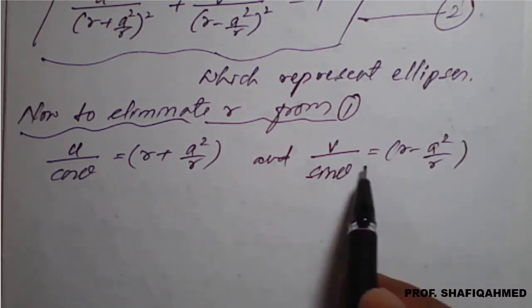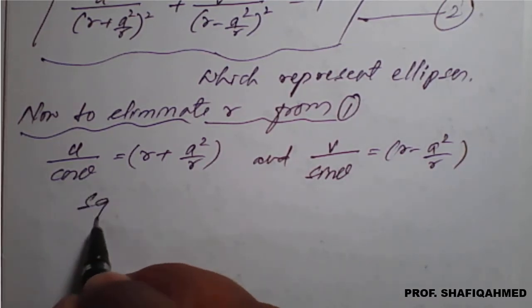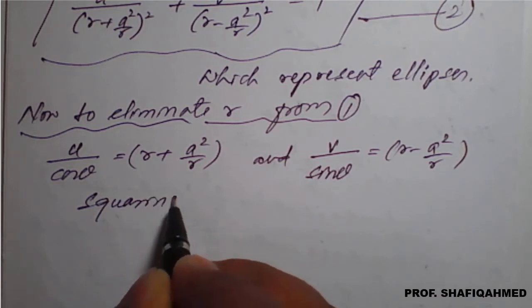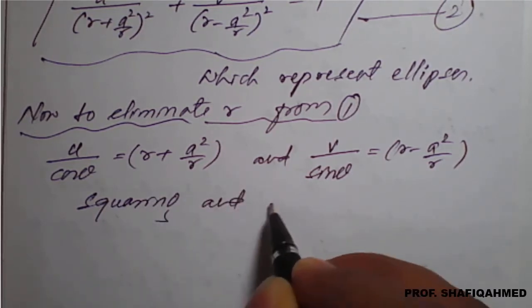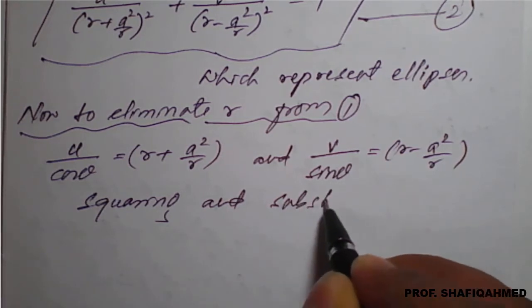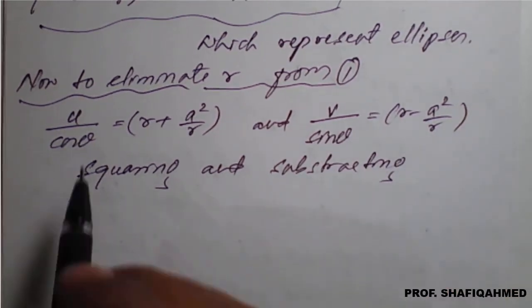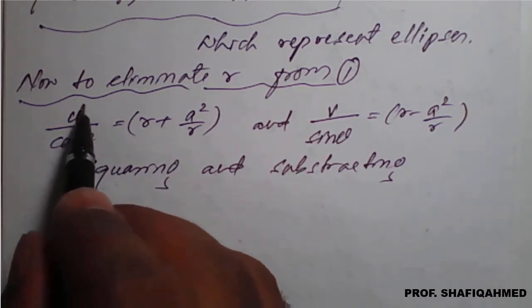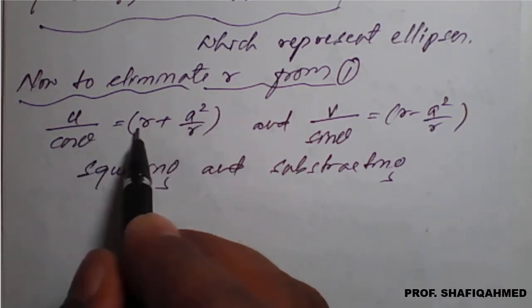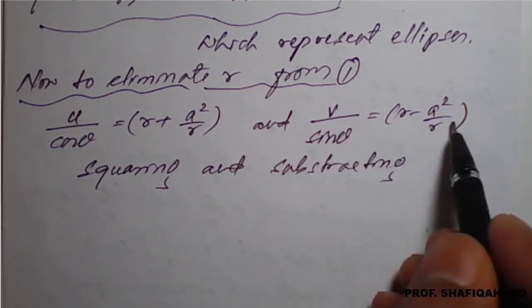So for this also, squaring and subtracting, means taking the difference. First we have to square. If you square, u square upon cos square is equal to bracket square, and here v square upon sin square is equal to this bracket square.